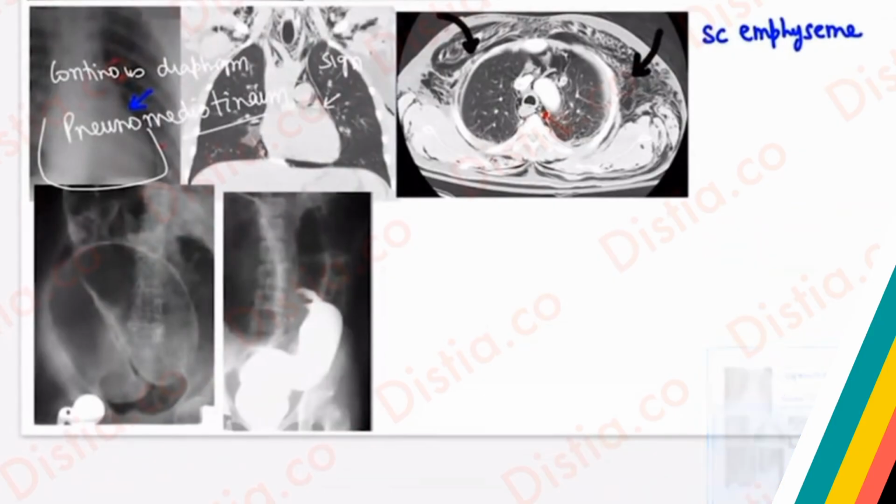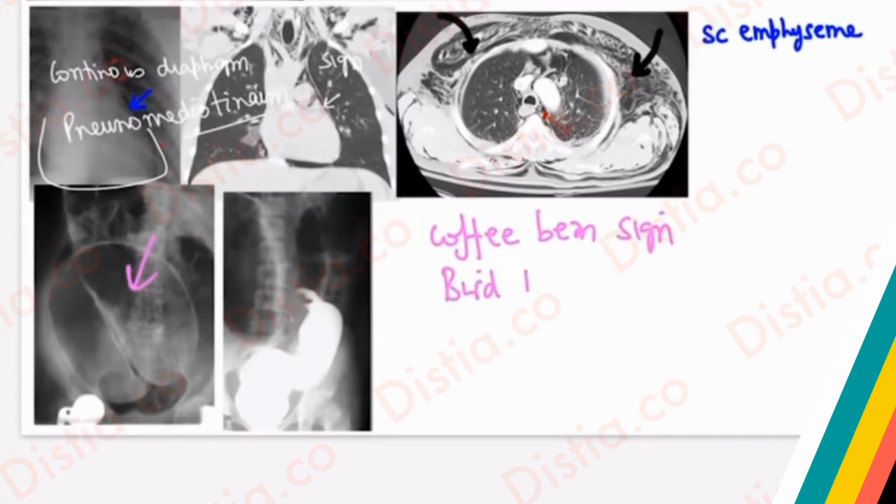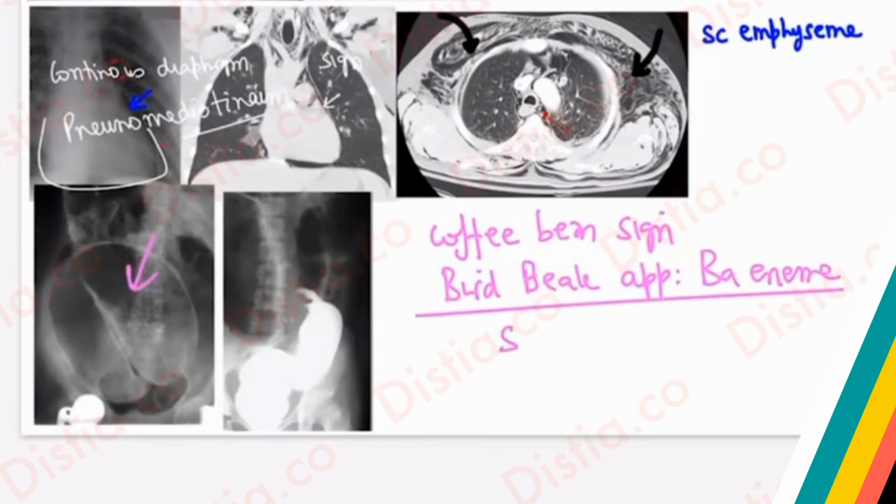In the next image, I have highlighted a very classical coffee bean sign. The one where I put the purple arrow is coffee bean sign that is seen with sigmoid volvulus. The second finding is also sigmoid volvulus, where you can notice a bird beak appearance. You read about a bird beak appearance with respect to a barium swallow, but in this case I have shown a bird beak appearance with respect to barium enema, and that's always a feature that you encounter with sigmoid volvulus.